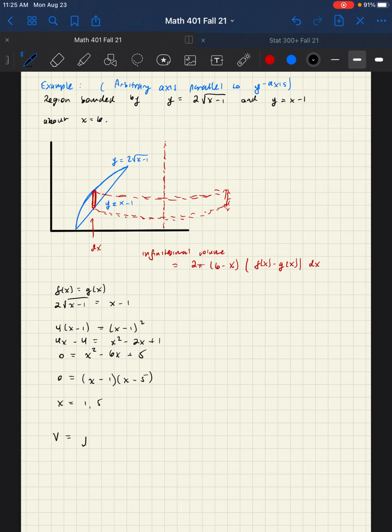So those are our left and right endpoints respectively, which means the volume integral is going to be the integral from 1 to 5 of 2 pi times 6 minus x times 2 square root of x minus 1 minus x minus 1 dx.